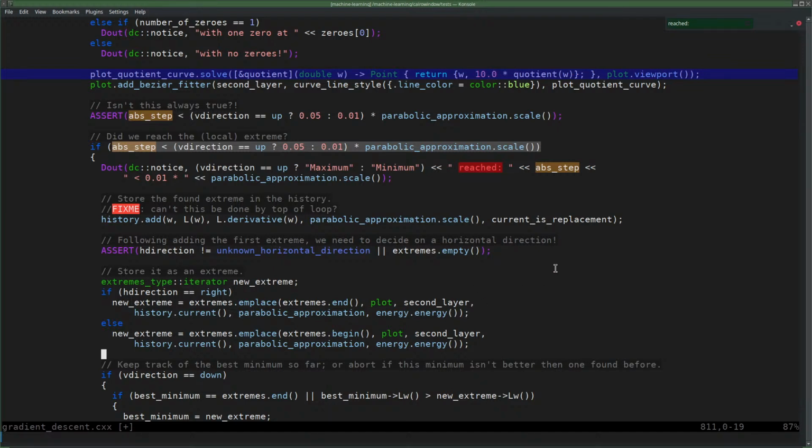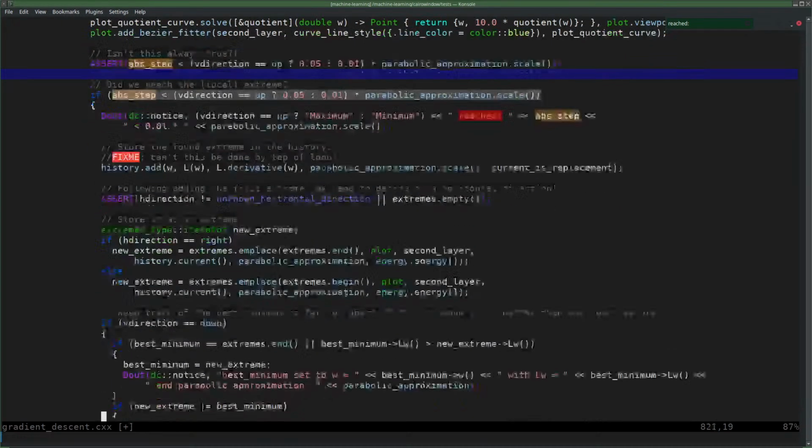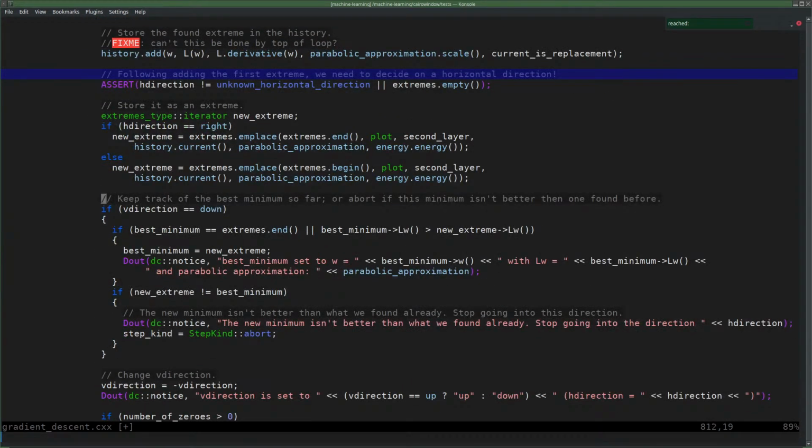I think it should be a minimum. Meaning that the vertical direction was down, so we do get here. Which means that the best minimum is being set, because this is still true. Did not have a best minimum yet.